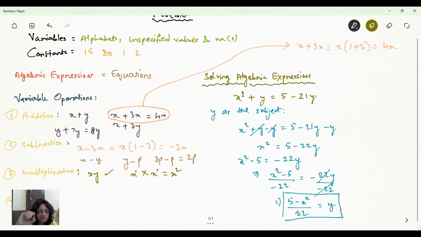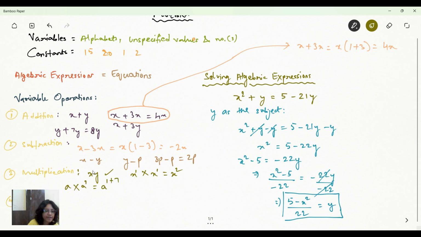If the base is the same, the powers get added up. So here we get x squared. Similarly, suppose you have a times a to the power 7. It becomes a to the power 1 plus 7. Why? Because the base is the same.